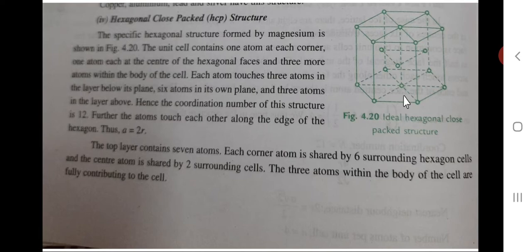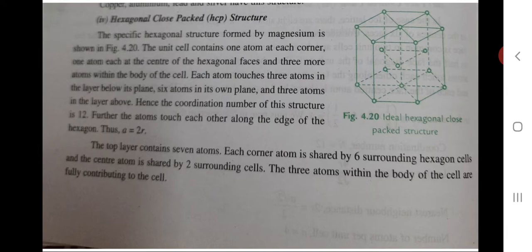The unit cell contains one atom at each corner, one atom each at the center of hexagonal faces, and three more atoms within the body of the cell.